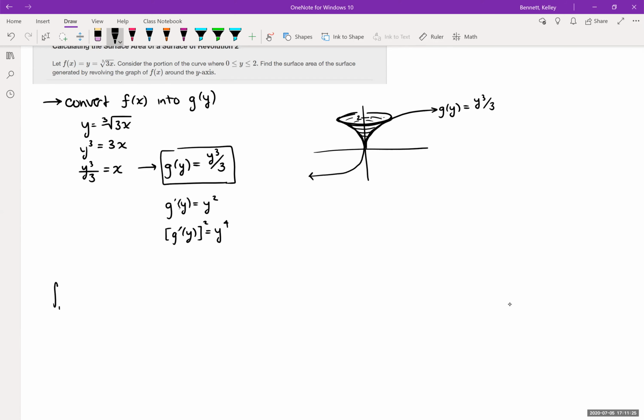So we're going from 0 to 2 pi times g of y, which was y cubed over 3. Right, so that first bit we just did, this is our circumference here. This is going to be our width here. So I'm going to get 1 plus y to the 4th dy.